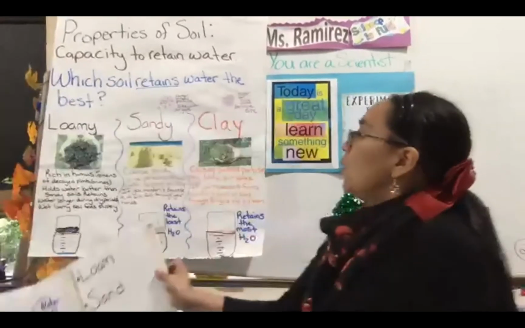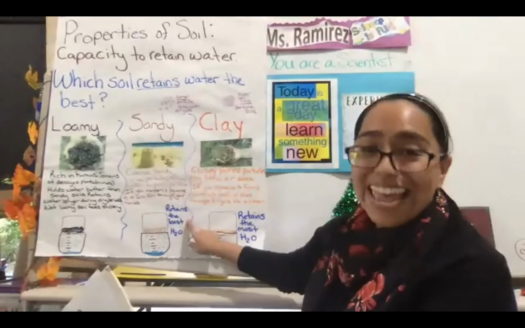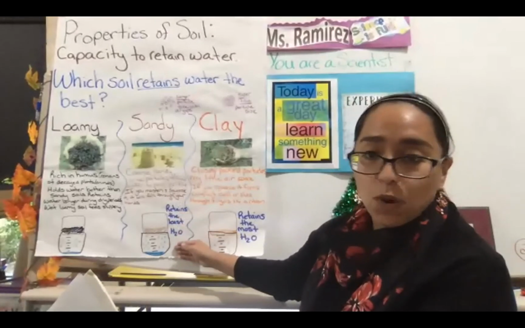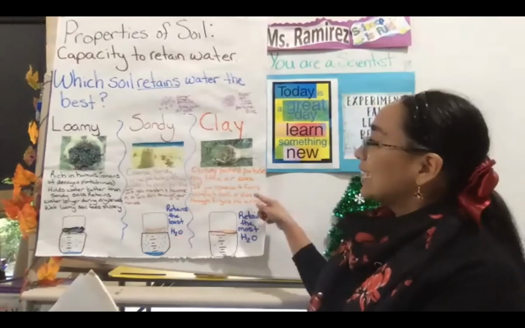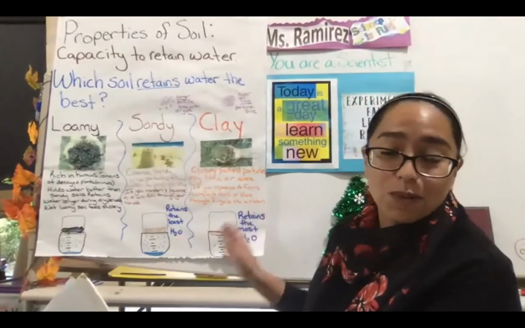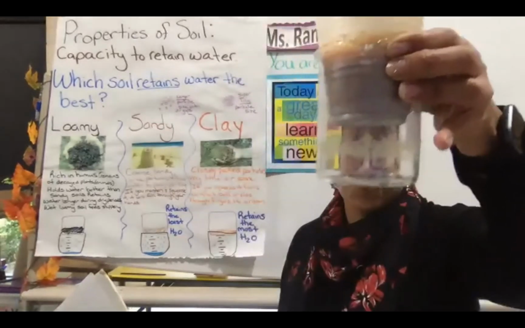We know from our experiment that the sandy soil retained the least. And that is because it lost so much water going through. The clay soil actually retained the most, and none of that water so far has even left the soil cup. So that's the clay soil.